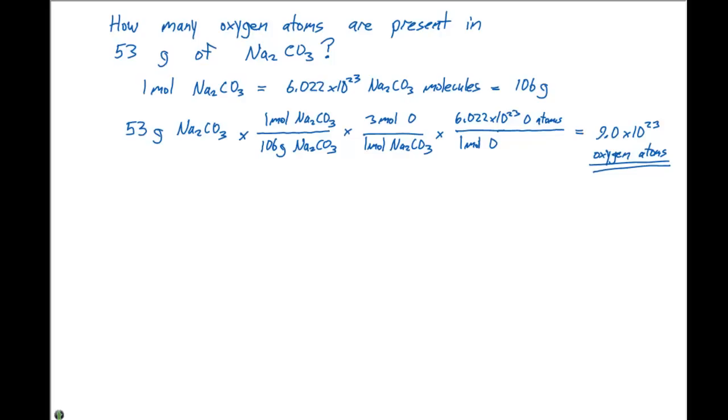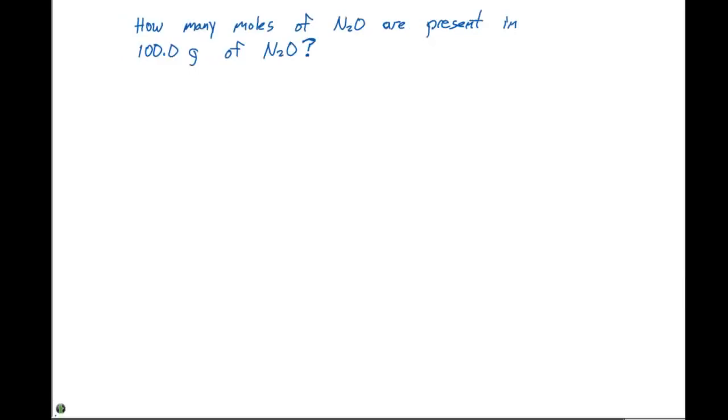So what's limiting us in this calculation is the 2 significant figures from the number 53 in terms of grams of the sodium carbonate. So our final answer has to have 2 significant figures, and we have it here listed correctly. So 53 grams of sodium carbonate are going to have 9.0 times 10 to the 23rd oxygen atoms.